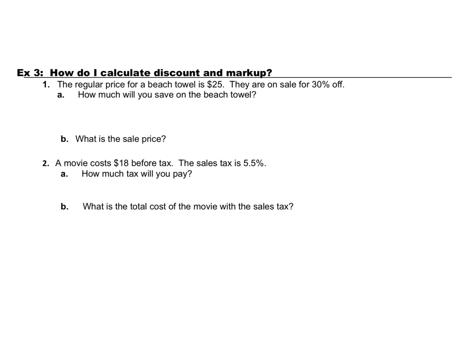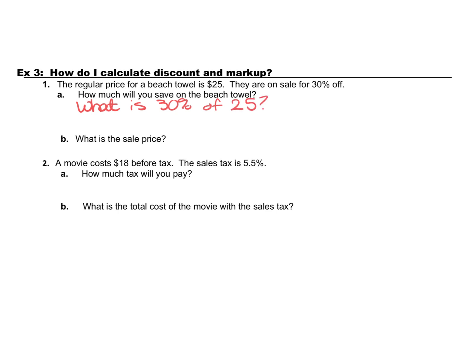All right, the last example that we're going to do today, example number 3, is how do I calculate discount and markup? So it says the regular price of a beach towel is $25 and they are on sale for 30% off. How much will you save on the beach towel? So the question you're asking yourself here to begin with is, what is 30% of 25?